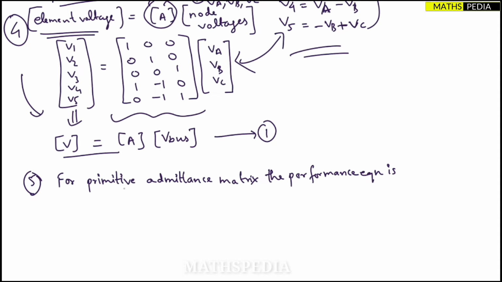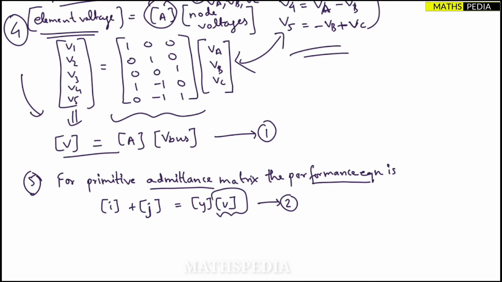Let us go for the fifth step. Basically, in the fifth step we have to consider the performance equation of the primitive admittance matrix. What is that? It is I plus J is equal to Y into V. Okay, so name it as the second equation. Just remember, this is the derivation, so you have to remember the performance equation will come in the fifth step. Here you can see the V matrix is there.